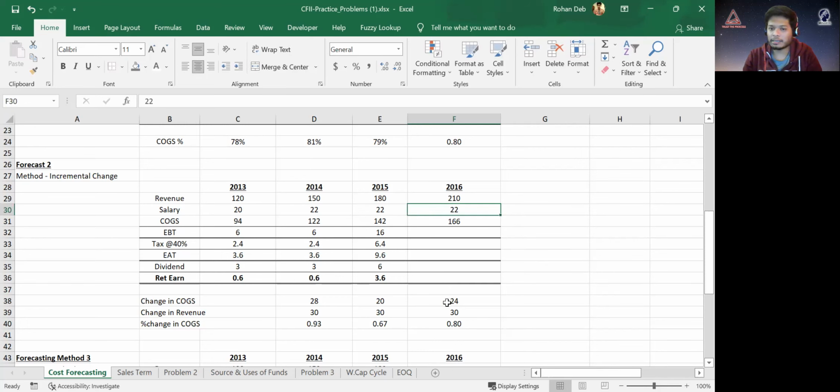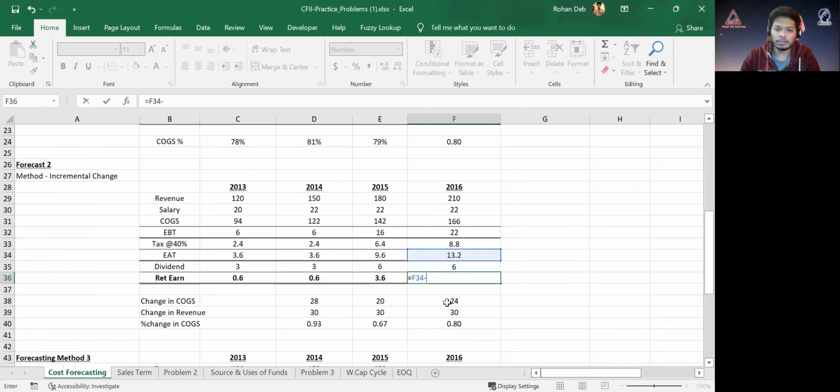And salary will stay the same because it said in the question it will not increase. So now this minus this is my EBT, into 40% is my tax, this minus 13.2 dividend would stay the same, and whatever remains is my retained earnings.